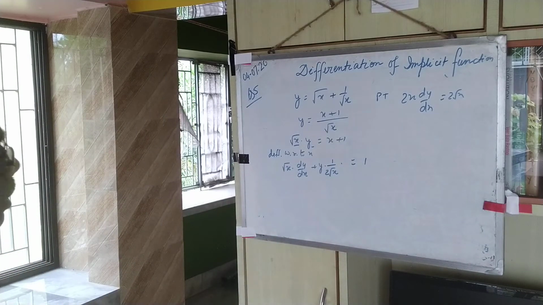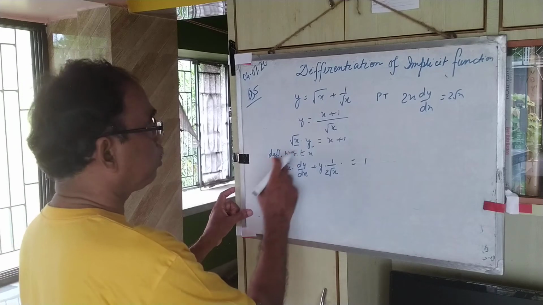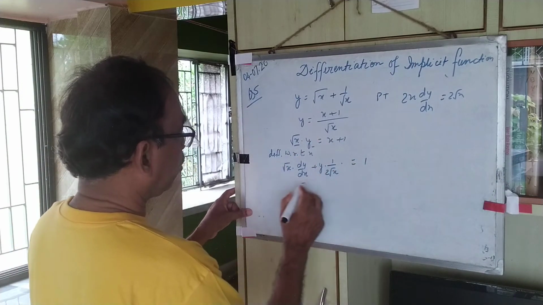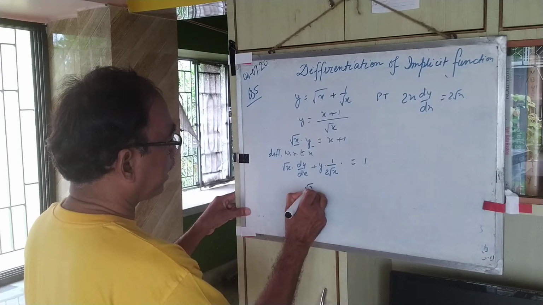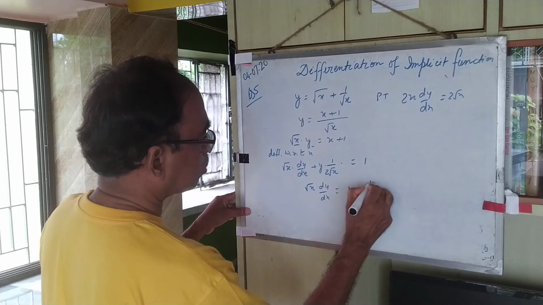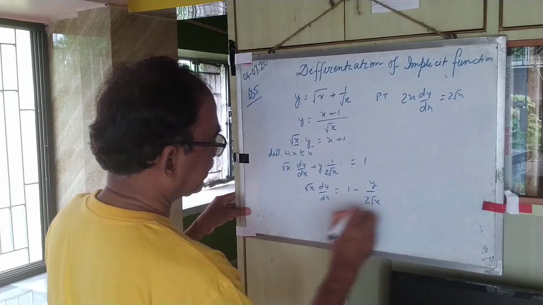We want dy by dx, so this should be on the left-hand side. This is 1 plus 0. Now root x dy by dx equals 1 minus y by 2 root x.